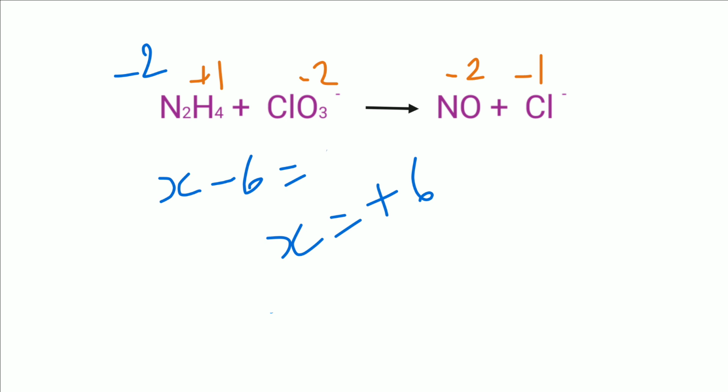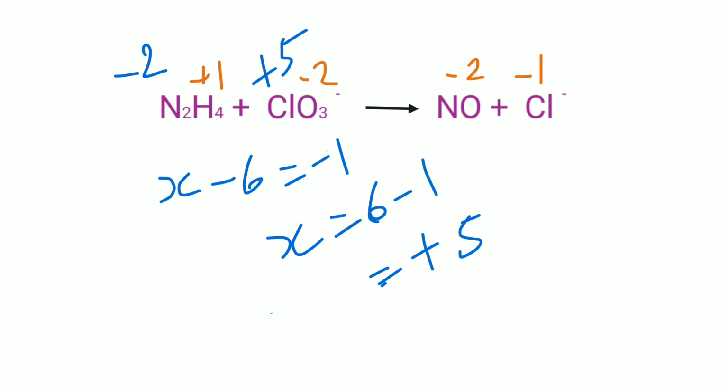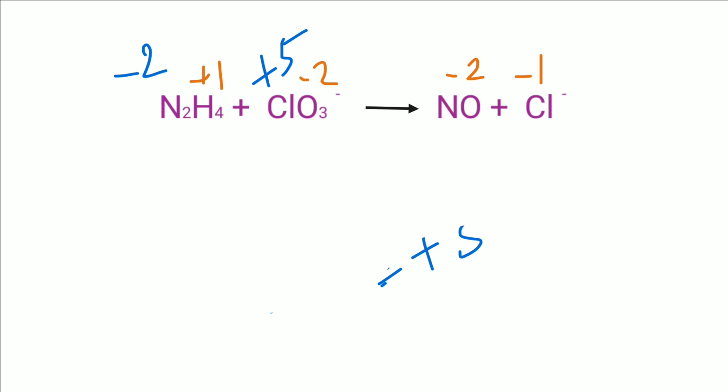Therefore, the sum of the oxidation numbers will be equal to its charge. Its charge is -1. So x minus 6 is equal to -1, so x is equal to +5. So the oxidation number of chlorine in chlorate is +5.